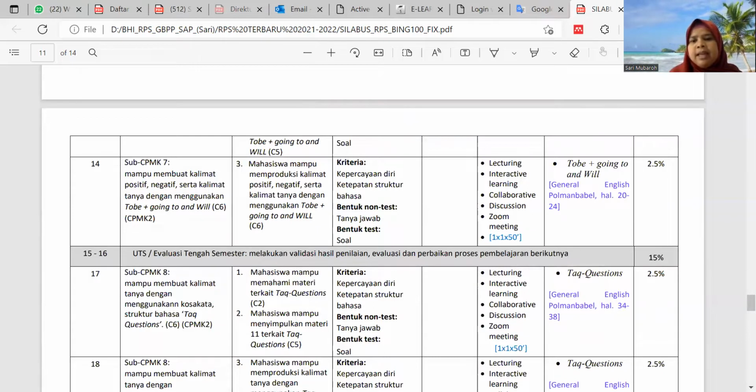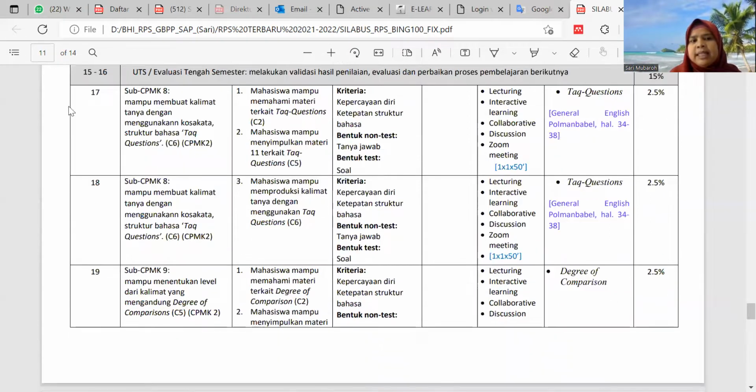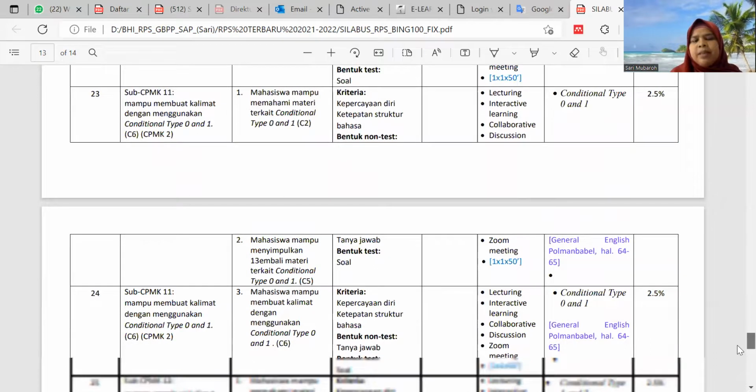Okay? And after that, in the 17th session, we are going to talk about new material. It's about tag questions, and then degree of comparison, and elliptical sentence, and then what else?